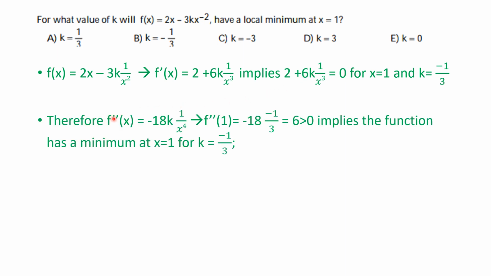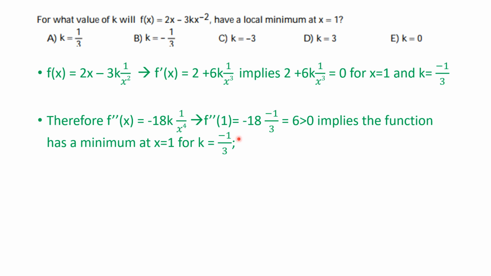Therefore, if we do the second derivative, then we're going to get negative 18k multiplied by 1 divided by x to the power 4. And this implies that f double prime of 1 equal to negative 18 multiplied by negative 1 divided by 3, and that equals 6, which is greater than 0.